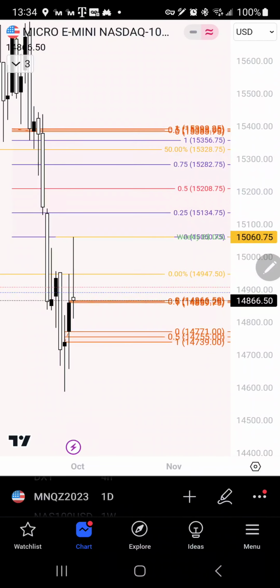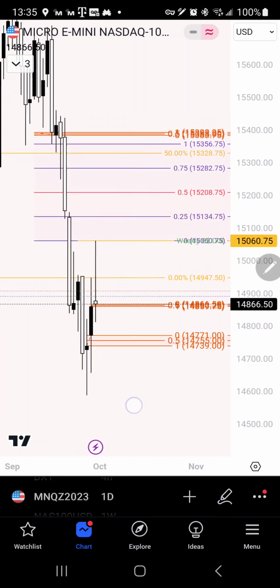But again, my overall macro view for the micro E-mini Nasdaq December 2023 contract is bearish. But just for context, the market needs to go up and either A, take liquidity, or B, rebalance inefficiencies.